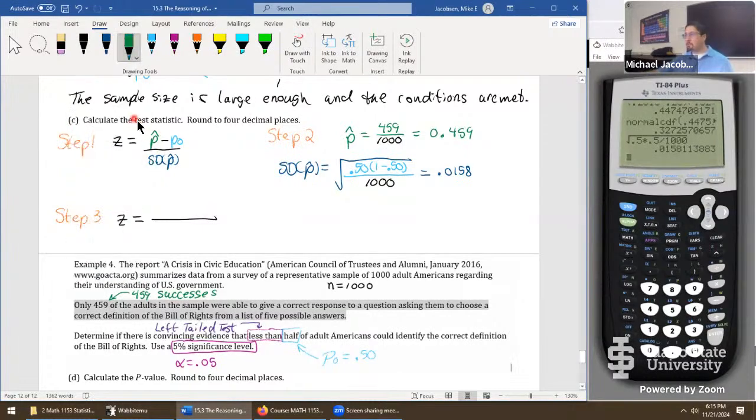And I think we mentioned the method here sometimes is called lovingly by math people, plug and chug, where you see p hat, plug in 0.459, subtract the value for p naught. It's written down right here, but you'd usually be looking to what you said in the null hypothesis, 0.50. And then the whole thing is being divided by 0.0158.